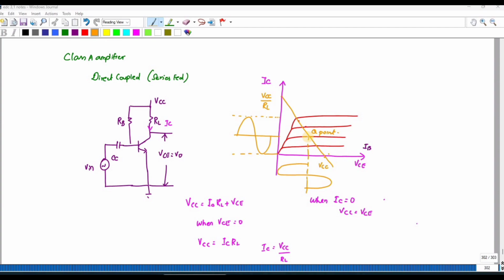Here this value is I max, this is I minimum, and similarly this is V minimum and this is V max.